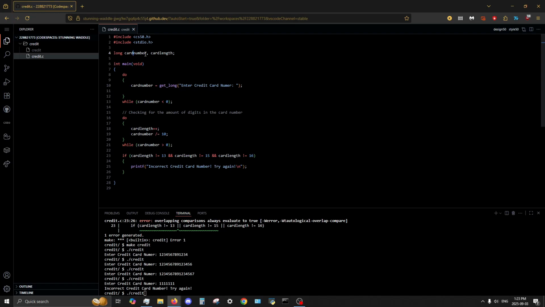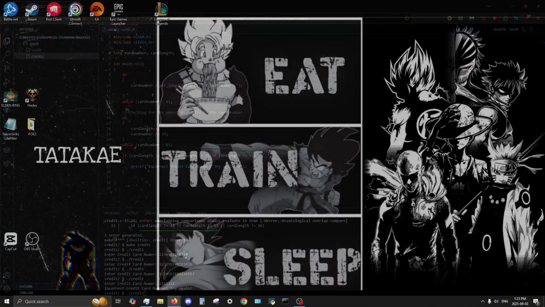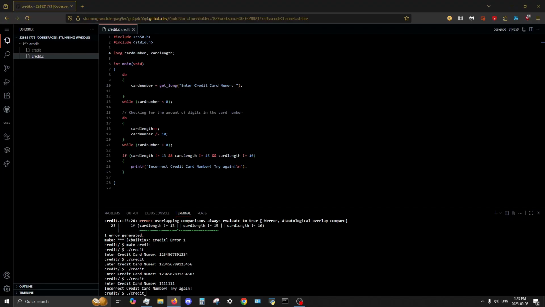So the card length, well, isn't the card length supposed to start at 0? I think the card length is supposed to start at 0, isn't it? I was looking at the lecturer guy. How did he do it?